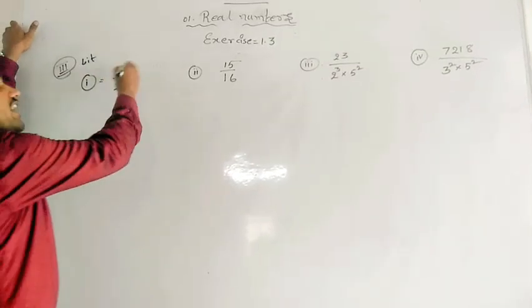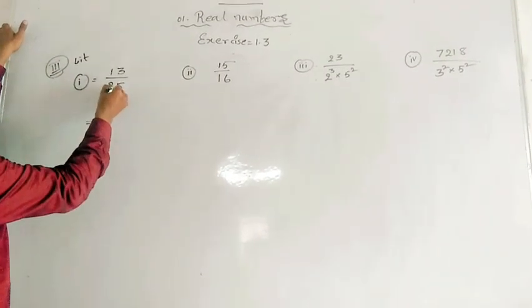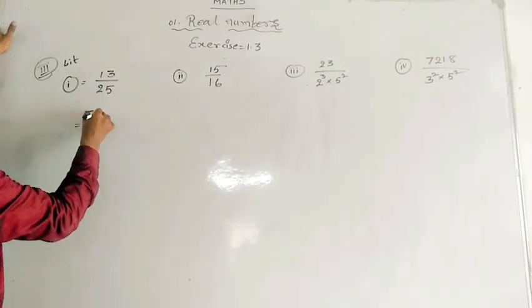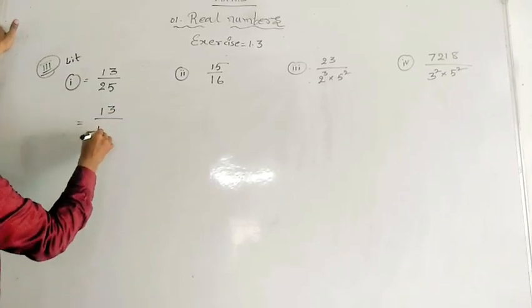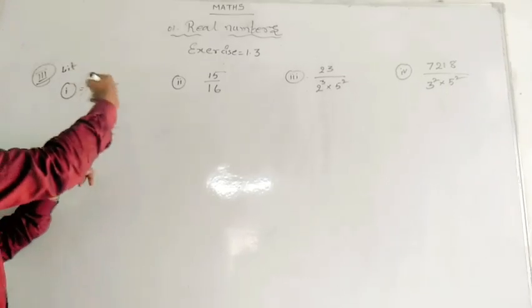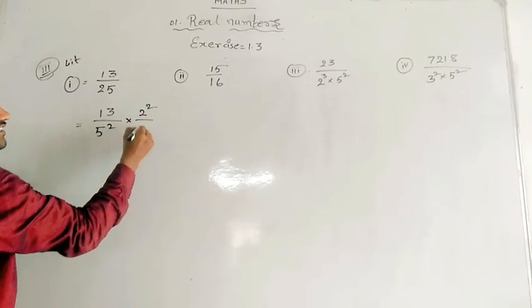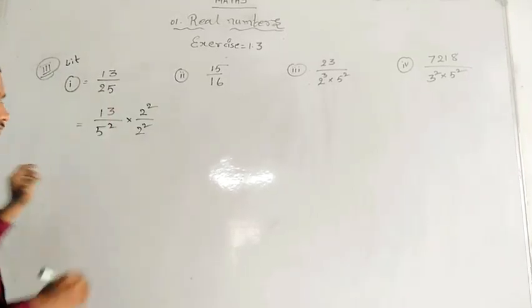Let us try to factorize the denominator. We have to factorize the denominator. What do you get? Factorize the 25, you get 5 square. 13 by 5 square. Here 5 square is there. So we have to write the decimal number now. Let's see. Multiply by 2 square by 2 square. This is what we have done in the first bit. Yes.